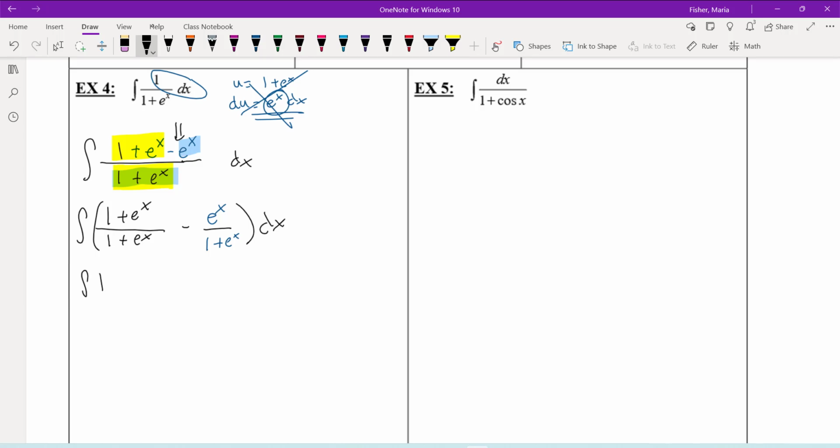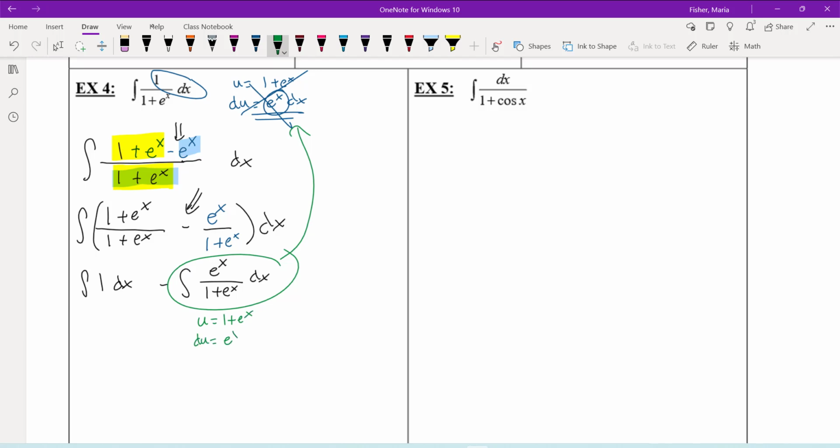Now, remember, you can split integration up over addition and subtraction. So I'm just going to call this 1 dx and then minus the indefinite integral of e to the x over 1 plus e to the x dx. Now this matches the u sub that we tried before. If u is equal to the denominator, 1 plus e to the x, the derivative du would equal e to the x dx, which is perfect. That's what I have.